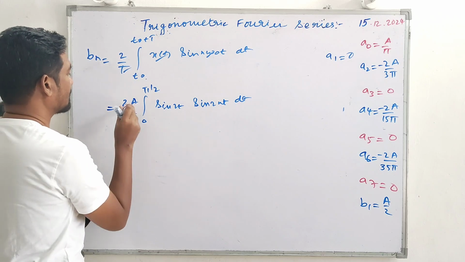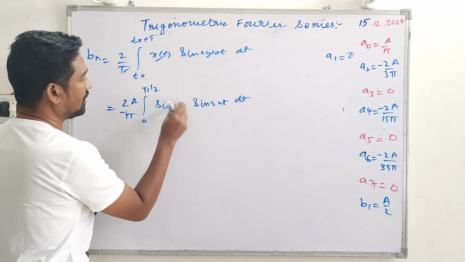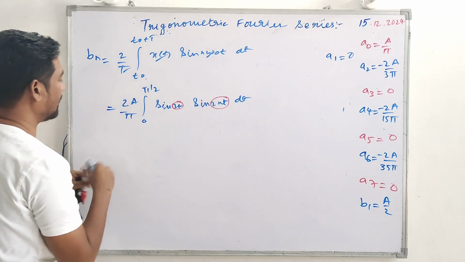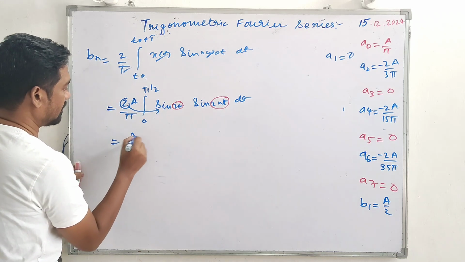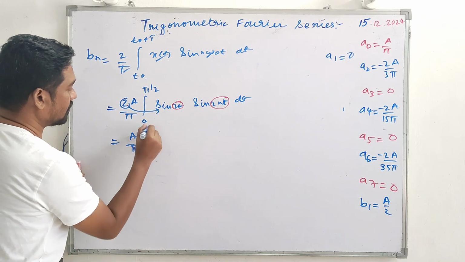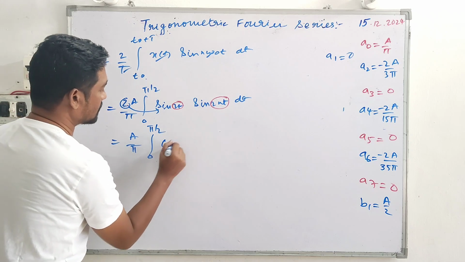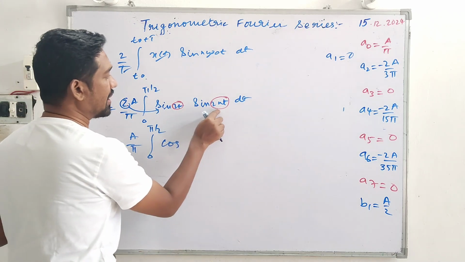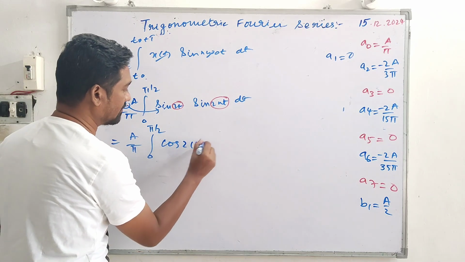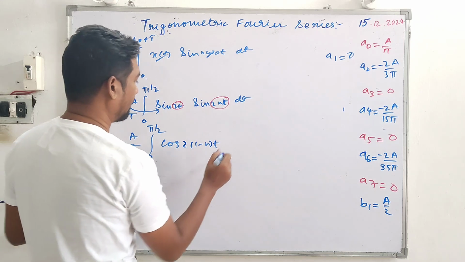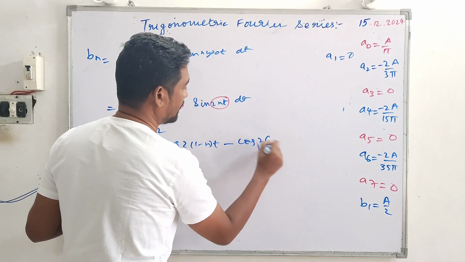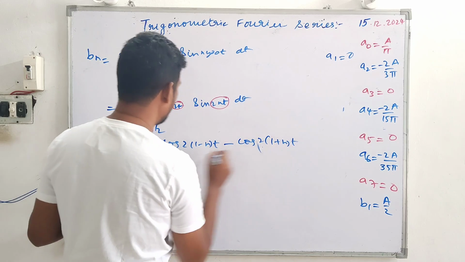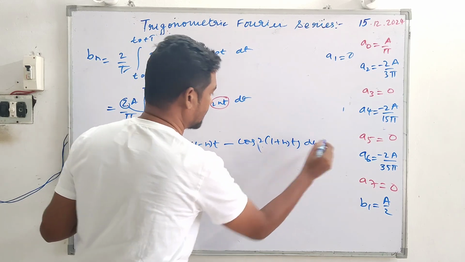Here, twice sine a sine b, including this 2, is included in the identity. A by pi, integral 0 to pi by 2, cos a minus b, 2t minus 2nt, 2 into 1 minus n into t, minus cos 2 into 1 plus n into t, and then we have dt.